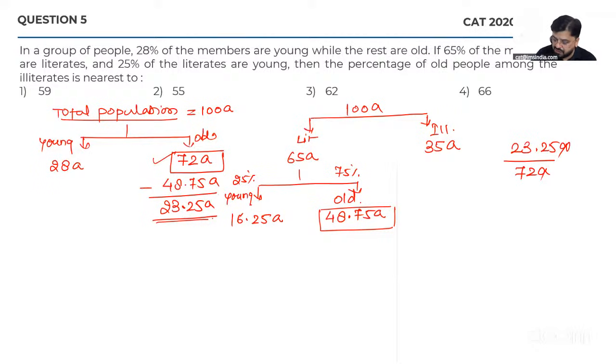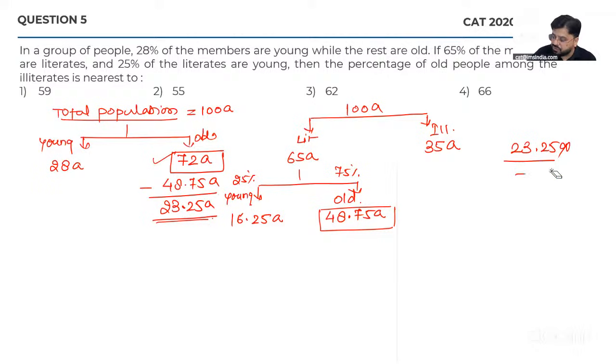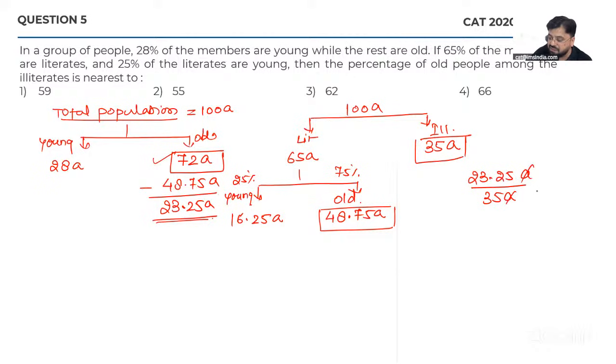Okay, sorry, I calculated old among total. I want to calculate the percentage of old people among the illiterate. Among the illiterate there are 35A. I want to calculate how many among them are old. That will be 23.25A. This is what we are supposed to calculate.